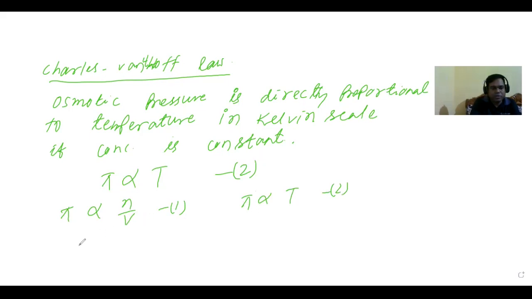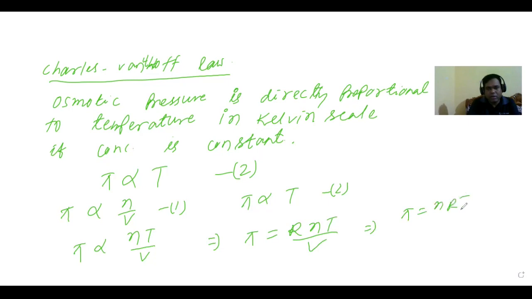By combining both, π ∝ nT/V. To remove the proportionality sign, we add a constant, the gas constant R, so π = nRT/V. Here n/V equals concentration, that implies π = CRT. This is the desired equation.